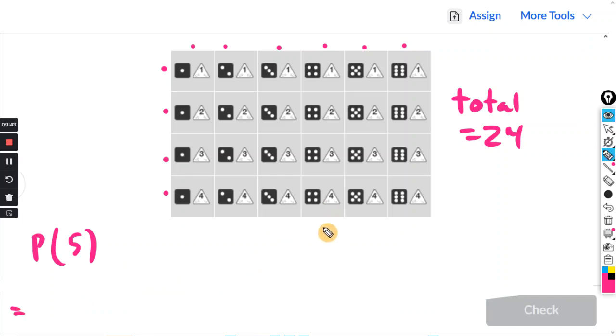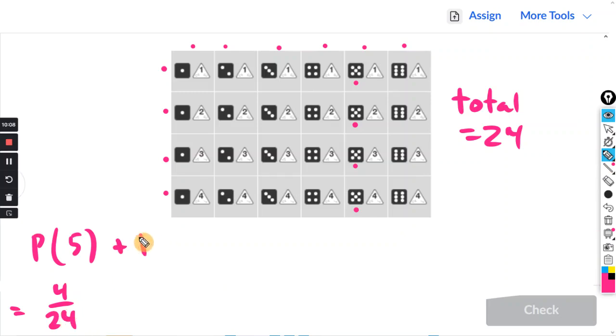And that is only on the 6-sided die. All right, not the 4-sided die. Probability of getting a 5, 1, 2, 3, 4 out of 24. All right, 4 out of 24, not 25. 4 out of 24.